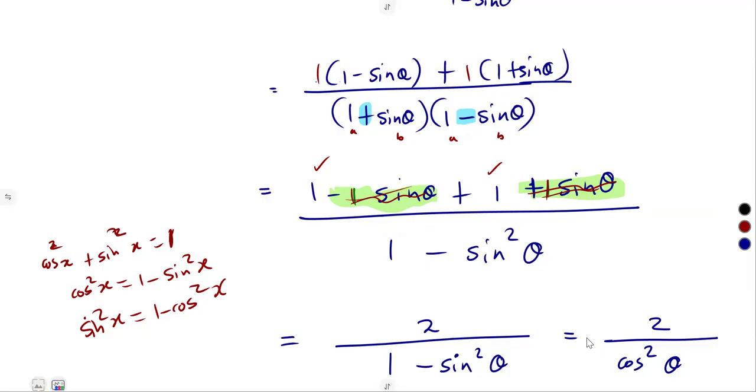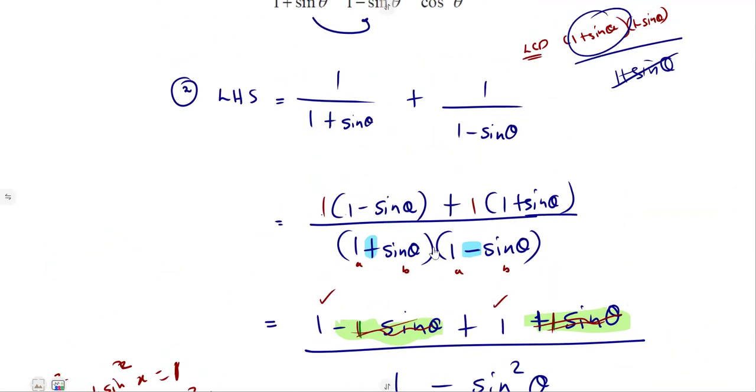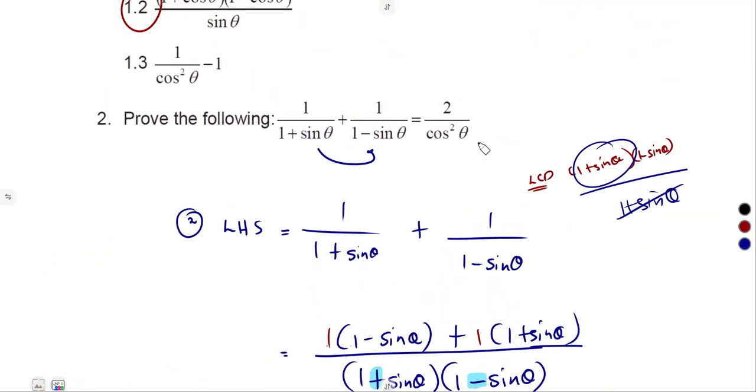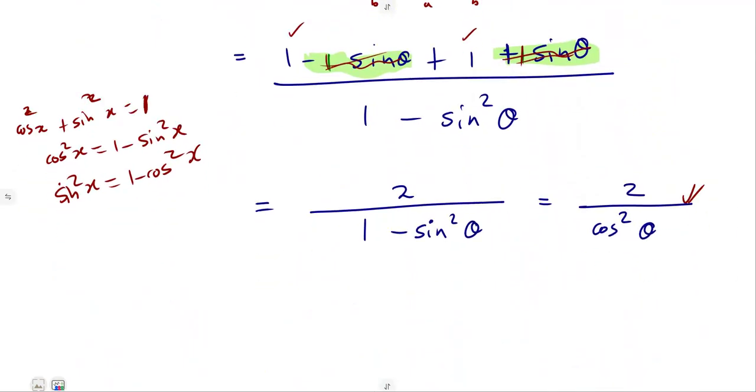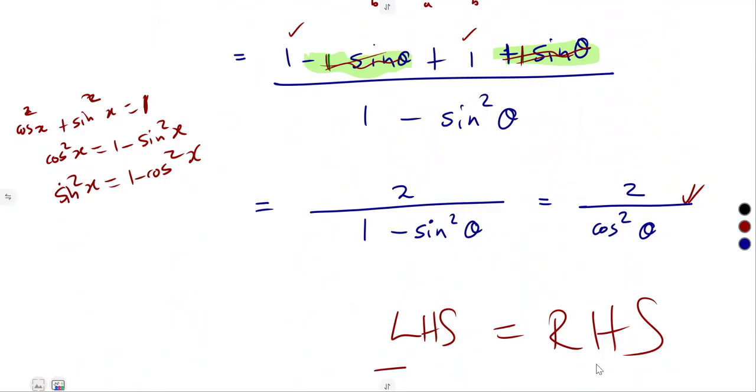Once you see 1 minus sine squared, you know it's cos squared. So this is exactly what we had on the right hand side. So we can say the left hand side is exactly equal to the right hand side, just like that.